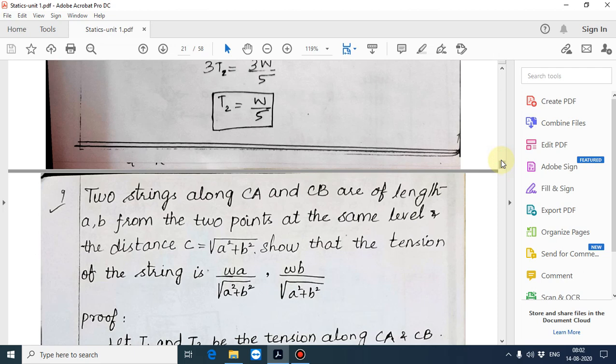Show that the tensions of the strings are Wa divided by square root of a square plus b square and Wb divided by square root of a square plus b square. You have to prove that. You see the diagram.